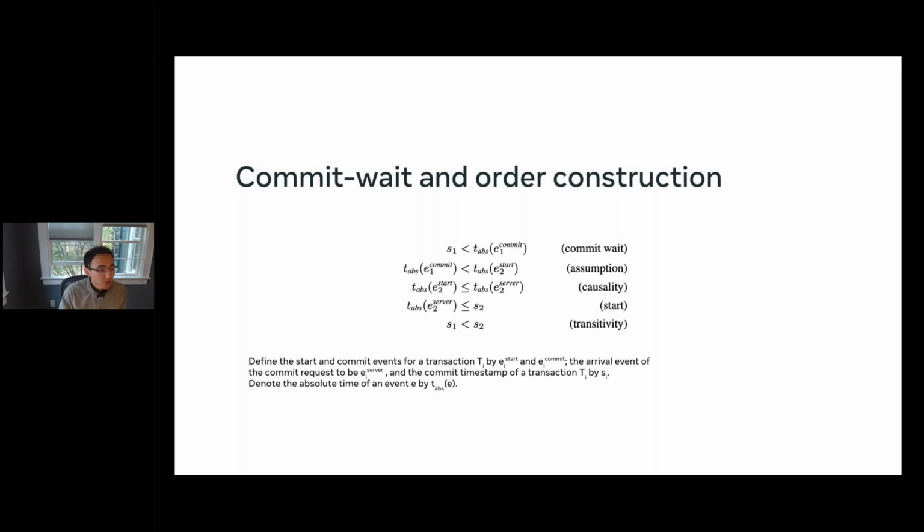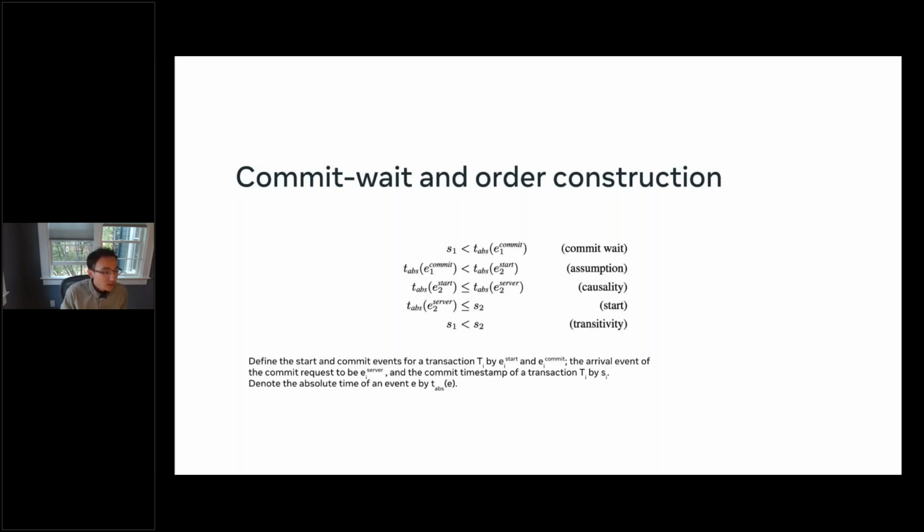If you look at the second row, by doing commit wait, we satisfy the first condition here, S1 less than the absolute timestamp of E1's commit. But let's look at the second one. It talks about E1's commit timestamp less than E2 start. This is the assumption, because this is the assumption of the property we want to satisfy.